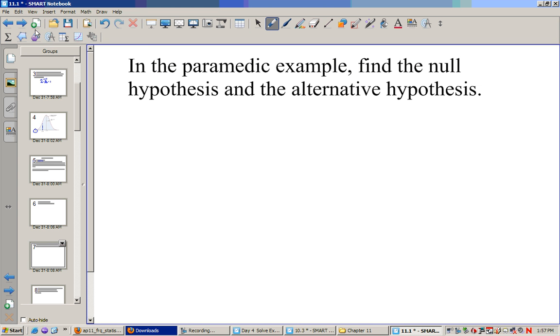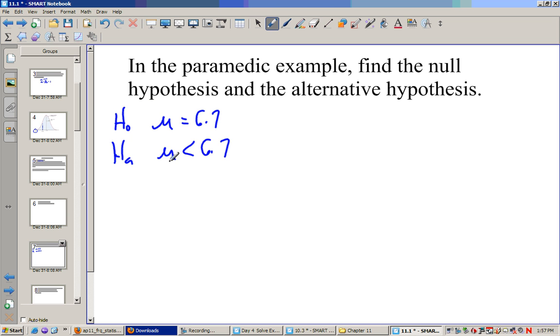In the paramedic example, let's find the null and the alternative hypothesis. So for our null hypothesis, we want to say that the mean will be 6.7. For our alternative hypothesis, we want it to be less than 6.7. So this is the historical value. We're going to say that nothing has changed.